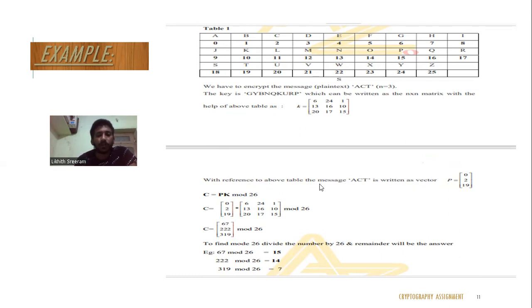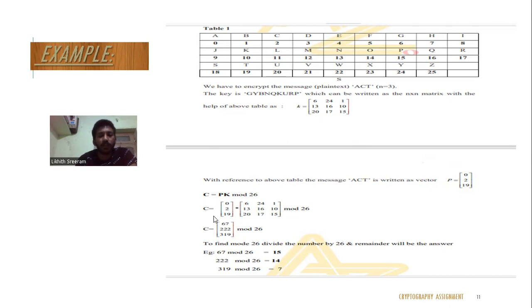With reference to the above table, the message act is written as vector p equals 0 to 19, by saying G, Y, B, N, Q, K, U, R, P. This table is just converting the English alphabets to numerical digits. By seeing this table, we form the key matrix of 3 cross 3 and multiply it with the plain text by modulus of 26.